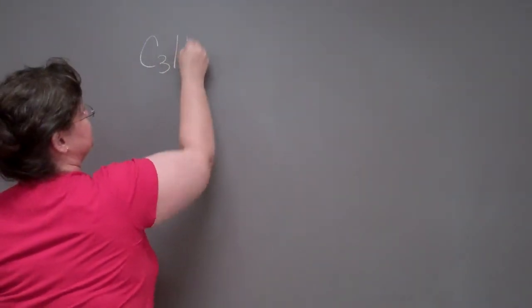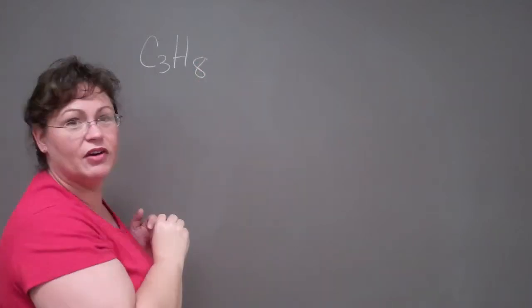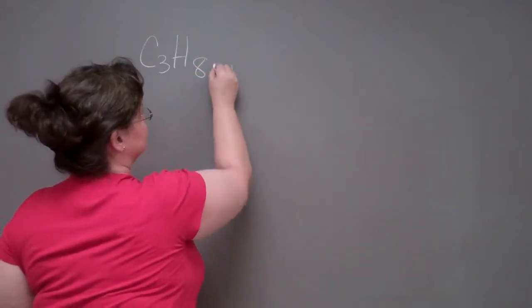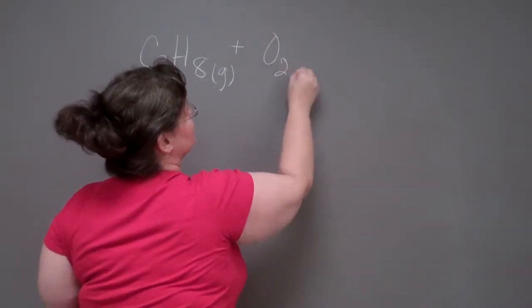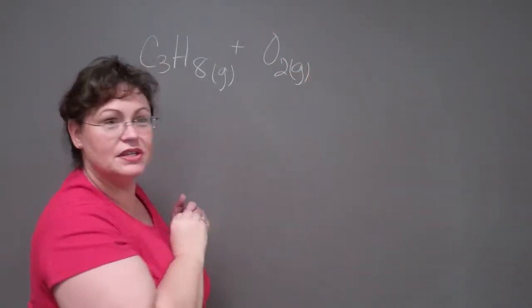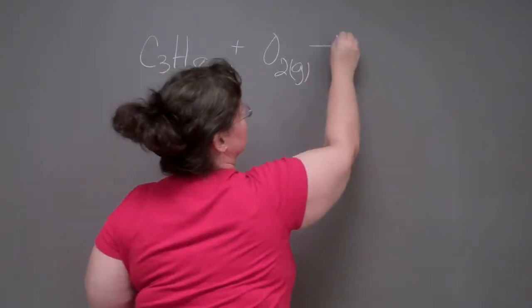The first thing you need to do is start with a balanced chemical equation. We're going to make a problem up. We're going to go through a combustion reaction with propane. We have our propane, which is a gas. We're going to combine that with some oxygen, which is needed for a combustion reaction.